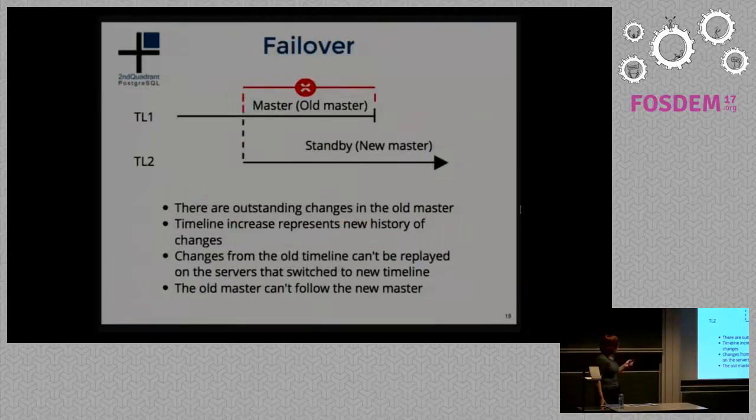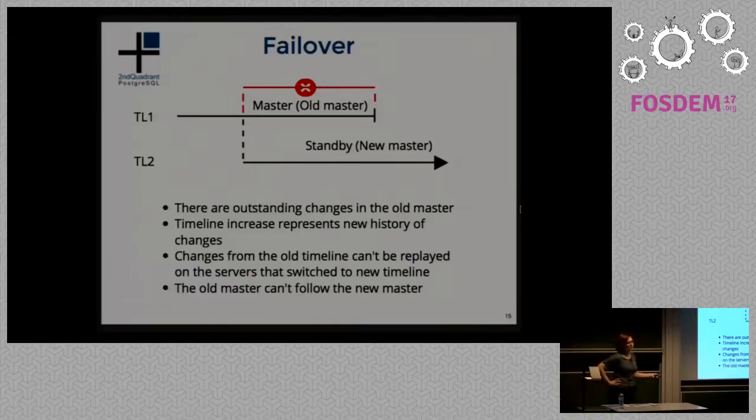As you can see, in case of failover, this is our master's timeline, the first initial timeline, and this timeline increases here. I assume the failover is happening around here, and your master's changes are not flushed to disk yet. So the standby that is supposed to be the new master doesn't have these changes, and you will lose all of them.